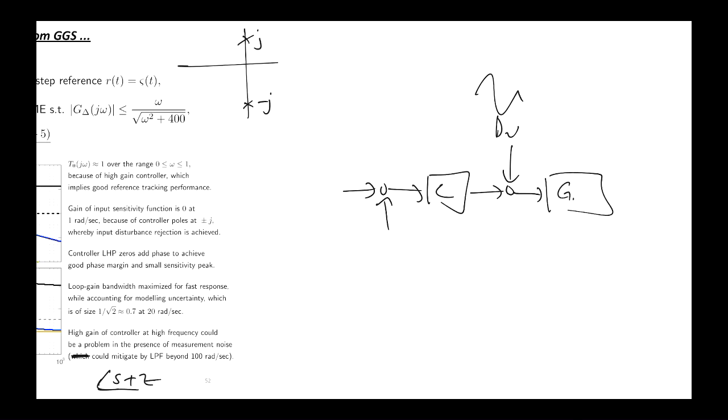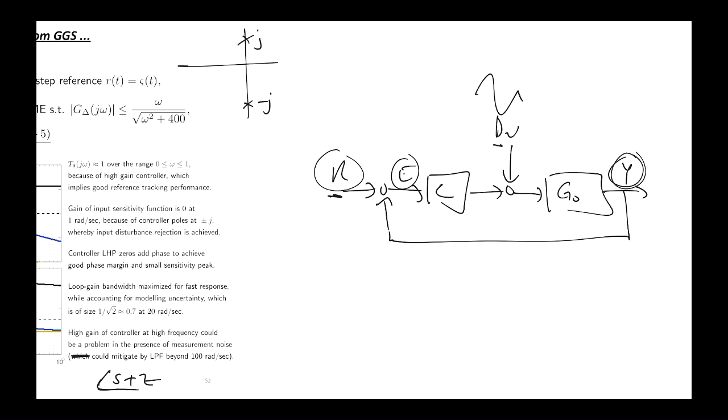We have our nominal plant model, okay, and we're feeding back a measurement of the output. Okay, so this is your reference, this is your error signal. All right, we're trying to make Y track R. All right, in other words, we want to make the error signal insensitive to the reference, and we want to make the output signal insensitive to the input disturbance.